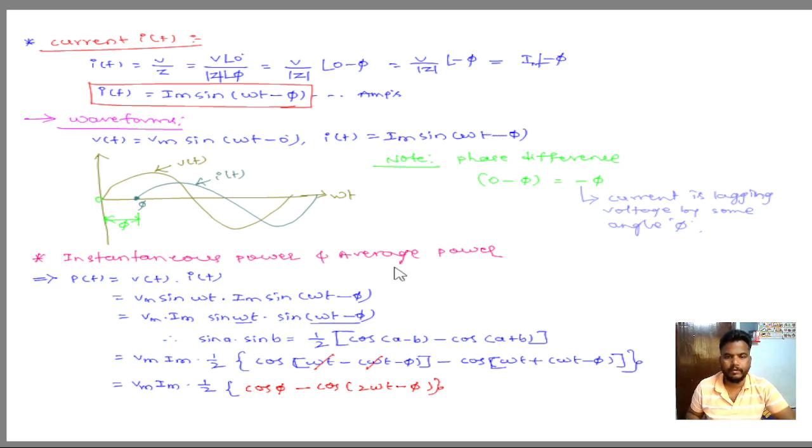This is the value of instantaneous power.